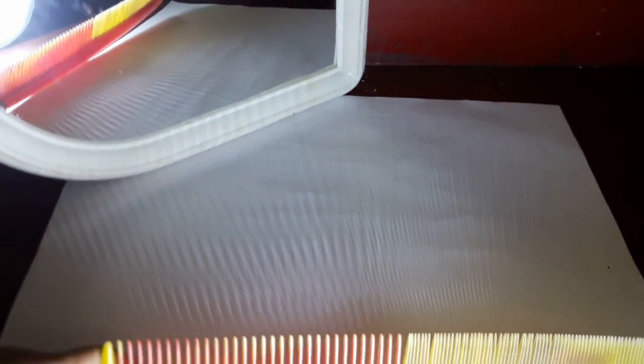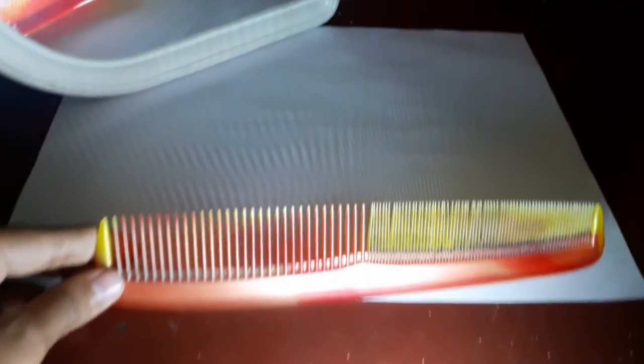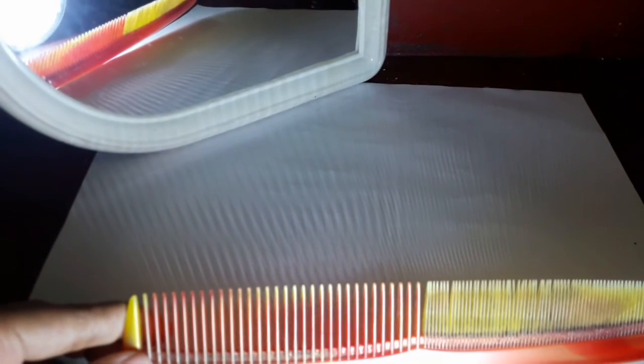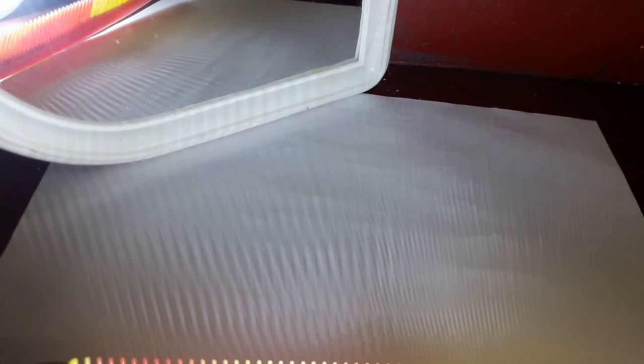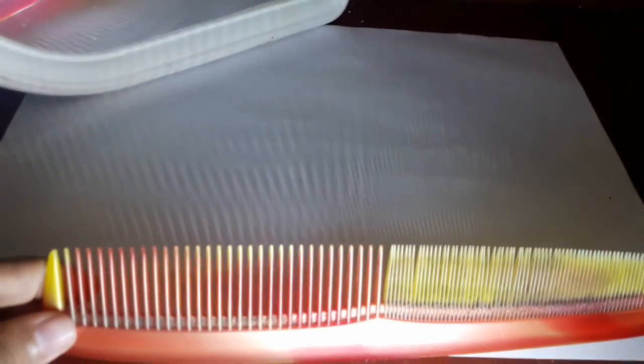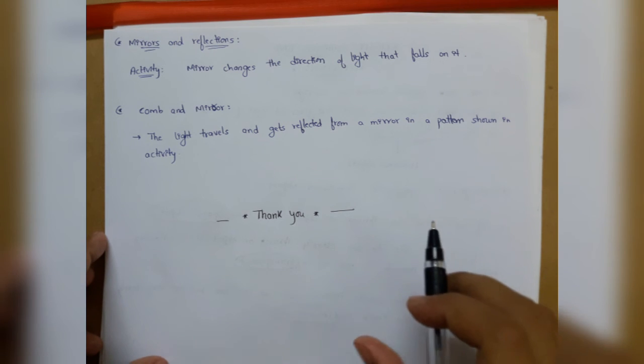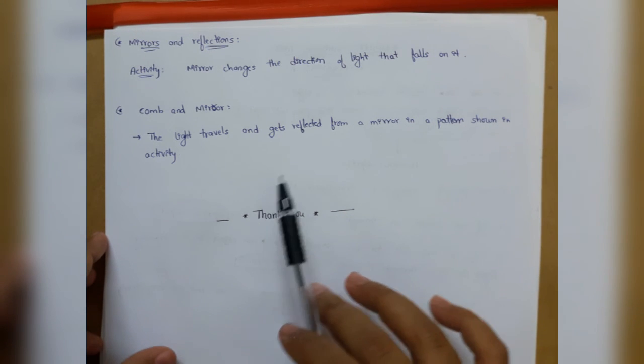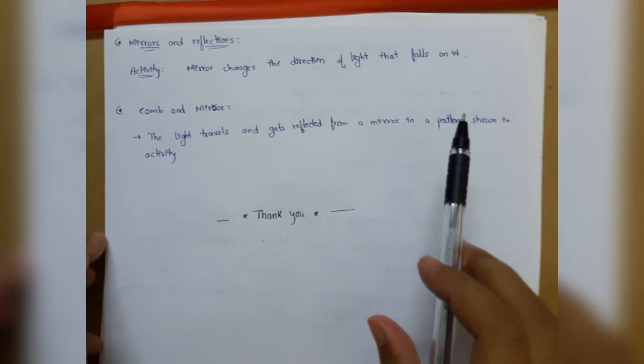You can see the pattern formed when the light passes through this comb and gets reflected back from the mirror. This shows that light travels in a straight line. Hope you have understood the pattern formed due to the travelling of light and its reflection from a mirror.